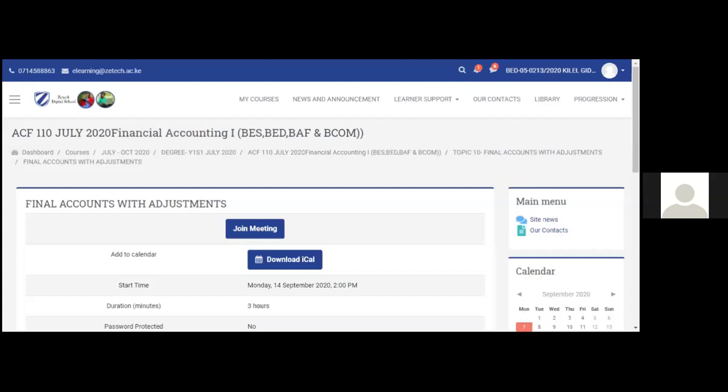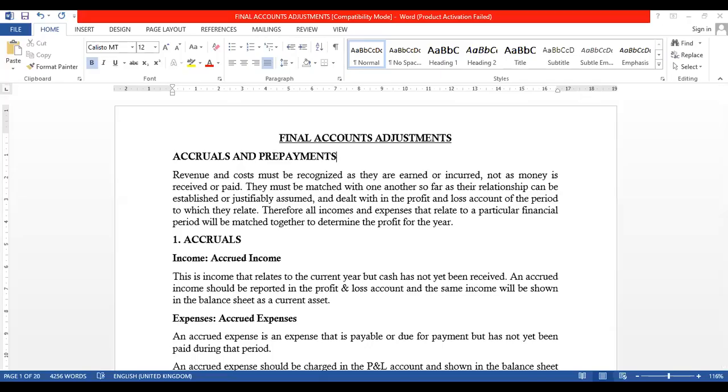Let me see this. I am not sharing the screen yet. I will know what to share. Good. You should be able to see my screen now, right? I hope you're able to see my screen.